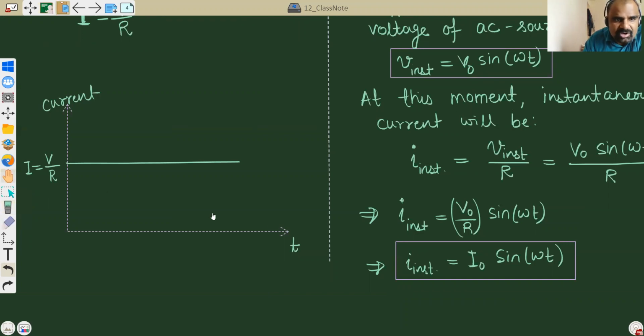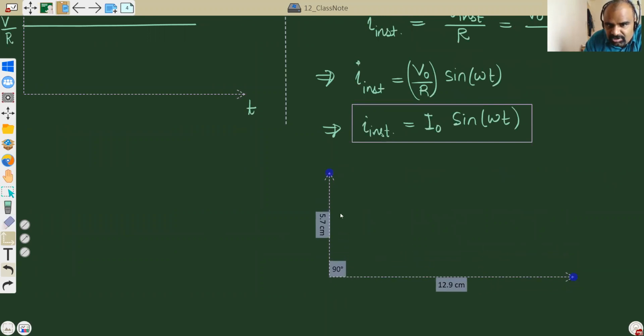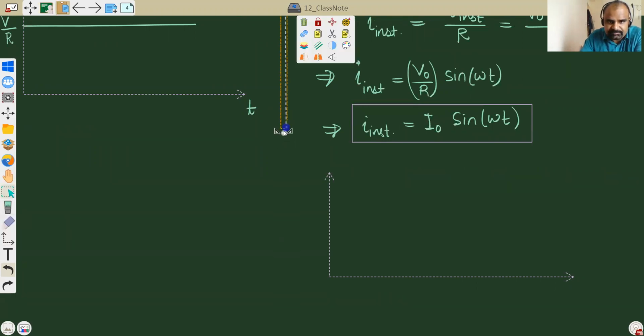But here, if you draw a graph, now here two types of graphs can be drawn. One is the voltage versus time graph, and the other one will be the current versus time graph.